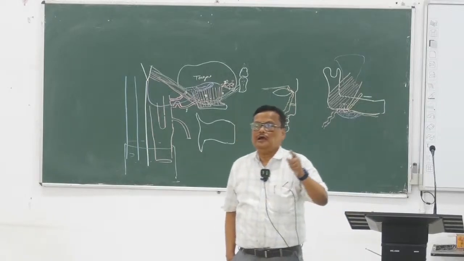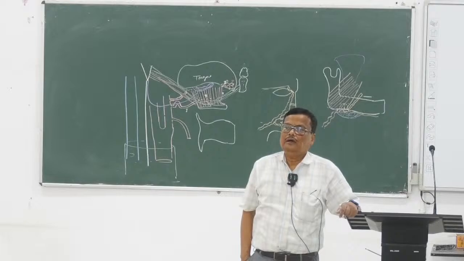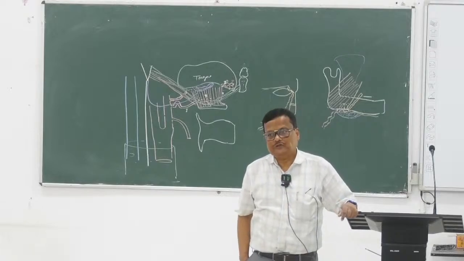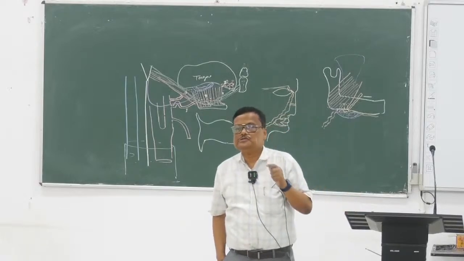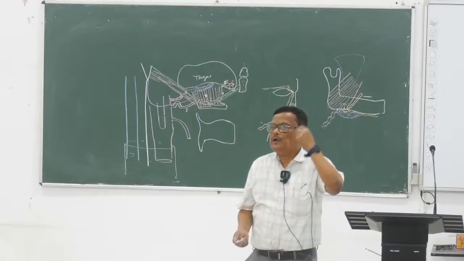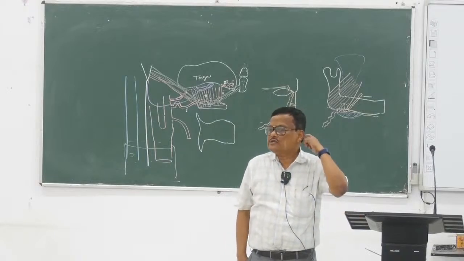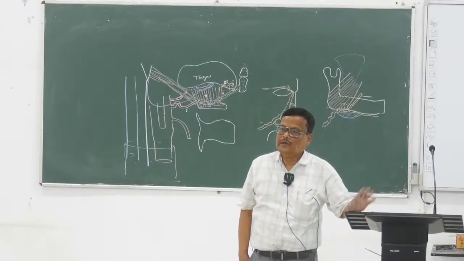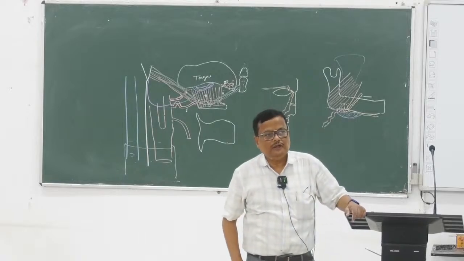And the ascending pharyngeal artery is the only medial branch coming from the external carotid artery, and it is usually the first branch. What are the terminal branches of the external carotid artery?